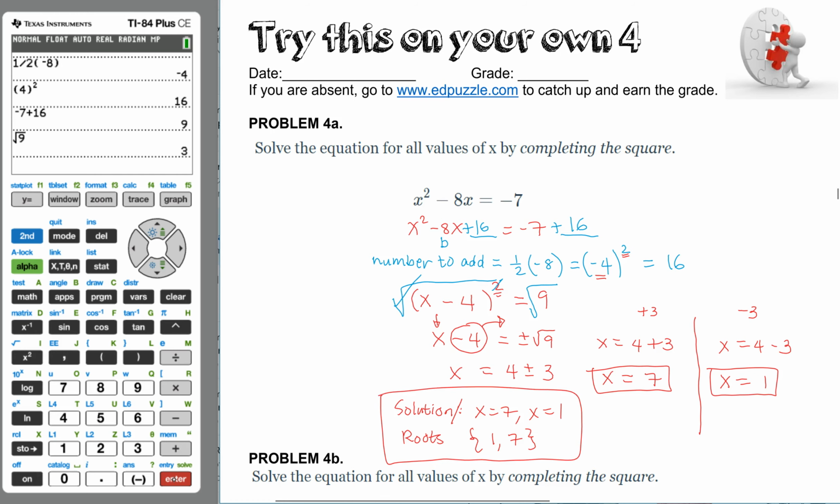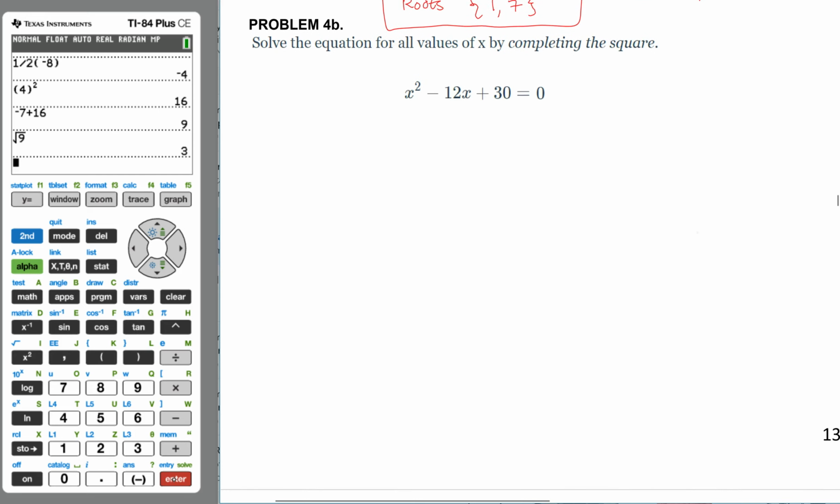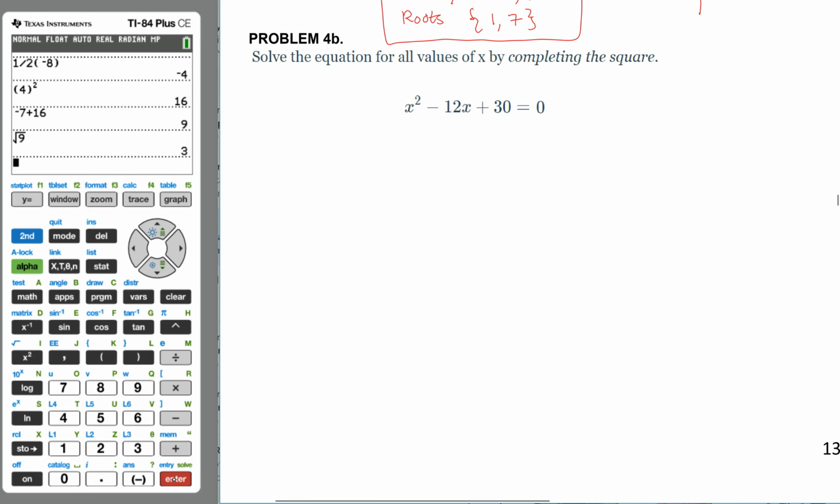Okay, then problem 4b. The first step is to move over the constant to the right side. So we have now x squared minus 12x equals, the plus 30, the opposite of that would be minus 30.